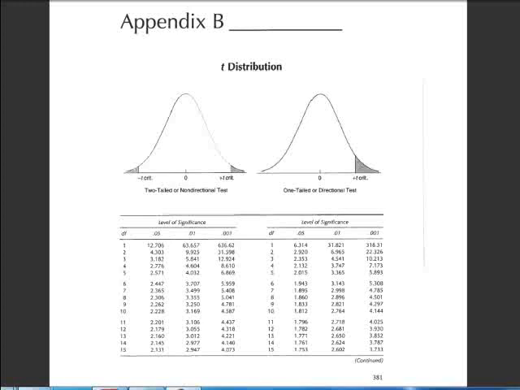When we're doing an independent samples t-test, we are estimating the mean and standard deviation of 2 populations: in the example you just went through, the population of the scented memory group and the population of the unscented group. That's why the degrees of freedom for that test are n1 plus n2 minus 2.